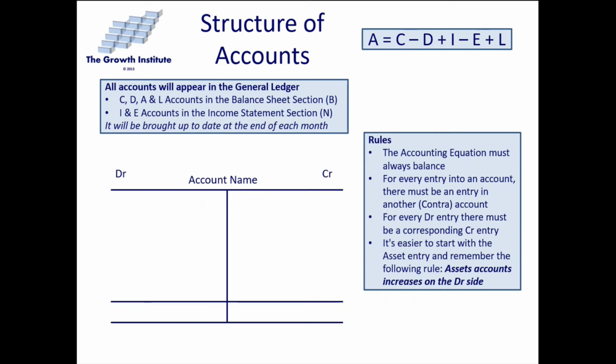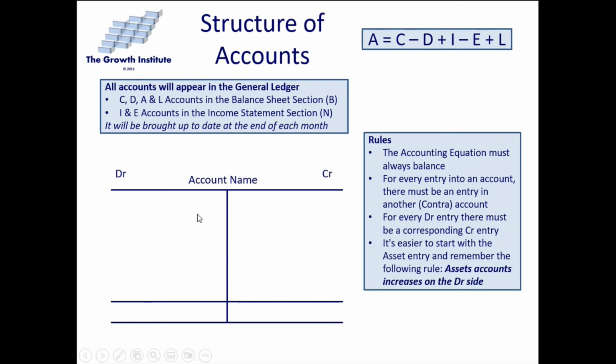The third rule says that for every debit entry, there must be a corresponding credit entry. So what that means is if this asset account that I am using is credited, then the expense account will be debited.